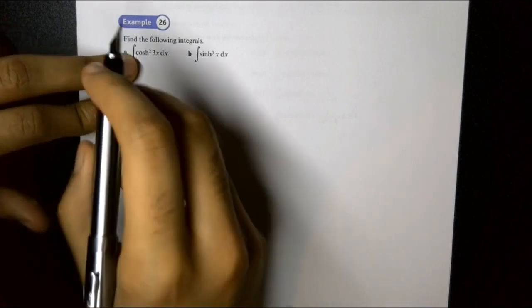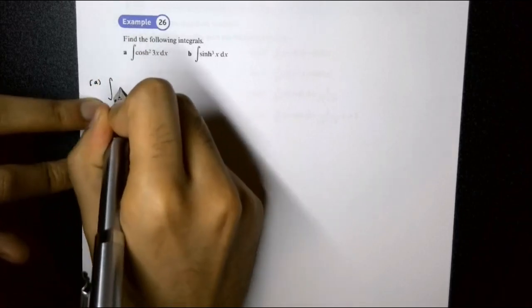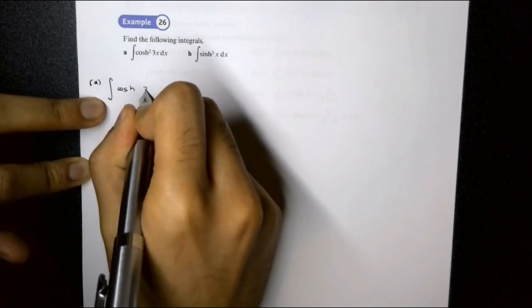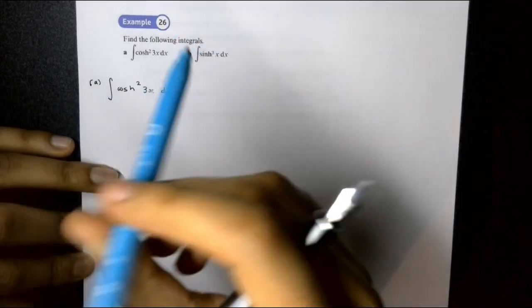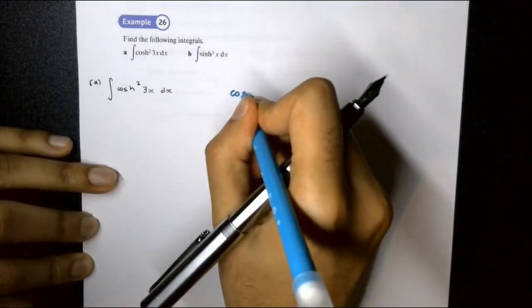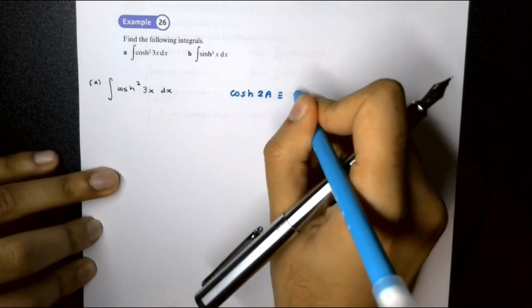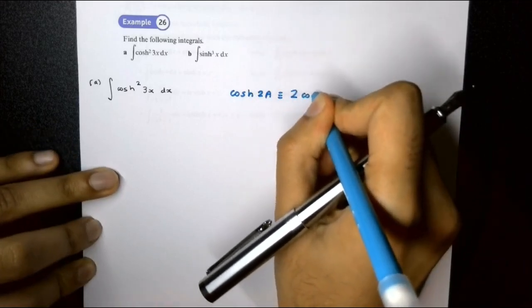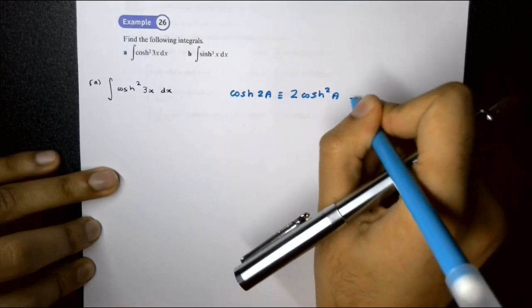Now for example number 26, we have to find the integral of hyperbolic cosine of 3x all squared. So to do this, for part A, we've got the integral of hyperbolic cosine of 3x all squared, and we need to use the identity hyperbolic cosine of 2a is equivalent through Osborne's rule to 2 times hyperbolic cosine a squared minus 1.